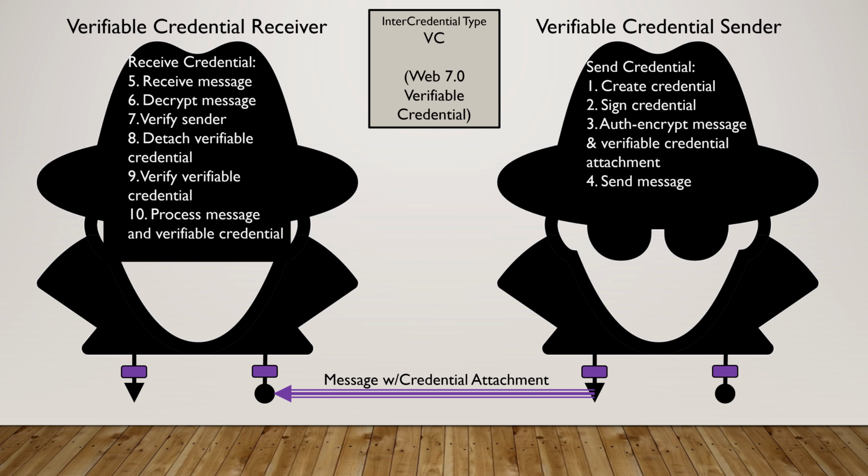Steps 5, 6, 7, and 8 are the standard steps that we do for a bare credential. Once we have the credential, though, we need to verify it if it's a verifiable credential, that it has a verifiable proof attached to it.